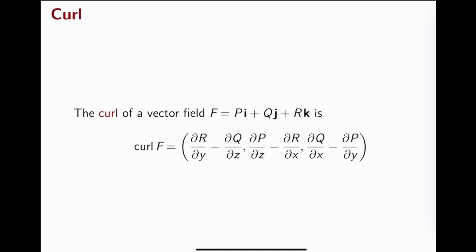So let's calculate it that way. So the curl of f is actually the cross product, which is calculated writing the i, j, k, and so here we are going to put the operator of the partial derivatives and here the components of the vector field.